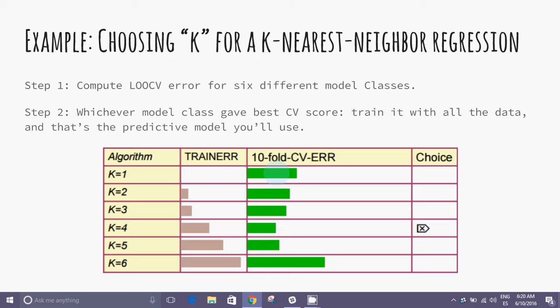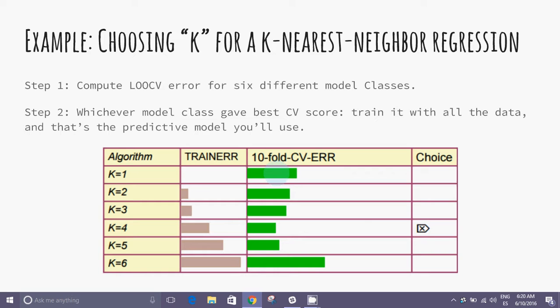Here are several questions to answer. First, why do we use LOOCV for k nearest neighbor and not tenfold cross-validation? The reason is purely computational: the cost of computing time. For KNN and other non-parametric methods, LOOCV happens to be as cheap as regular predictions.